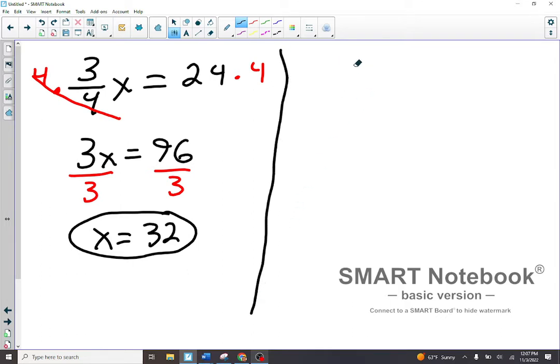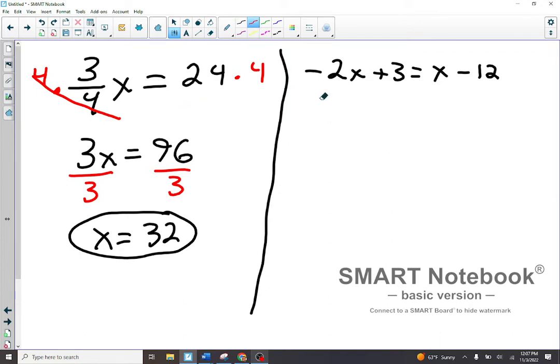If you have something like this, negative 2x plus 3 equals x minus 12. In this one, as I say, you always move the smallest x.